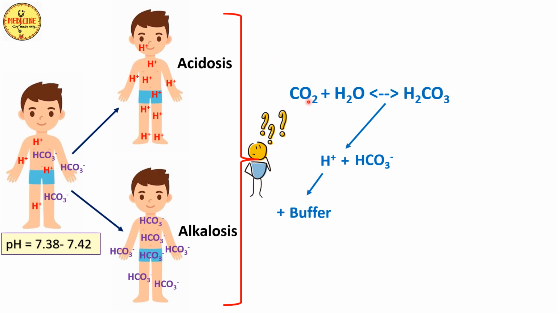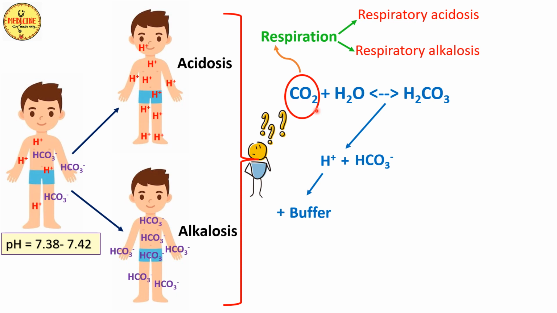So regulation of this carbon dioxide is important and it's done by respiration. So if you have a problem with your respiration leading to carbon dioxide retention, you will become acidotic and this is known as respiratory acidosis. If you have a problem where your carbon dioxide gets washed off, you will have a respiratory alkalosis.